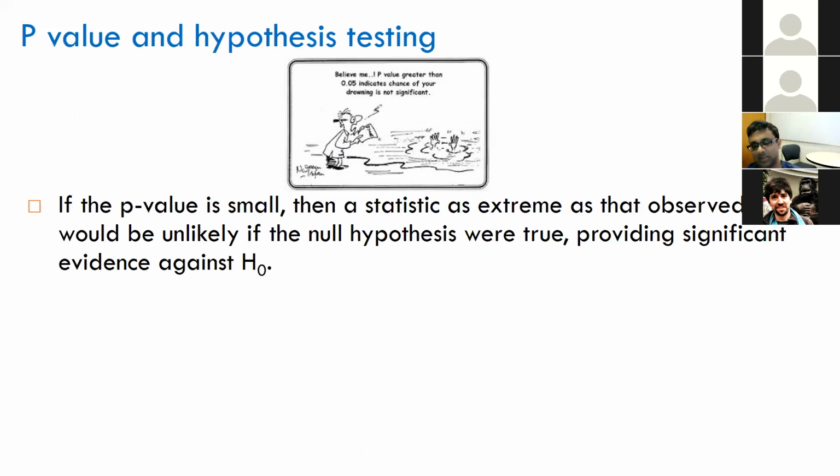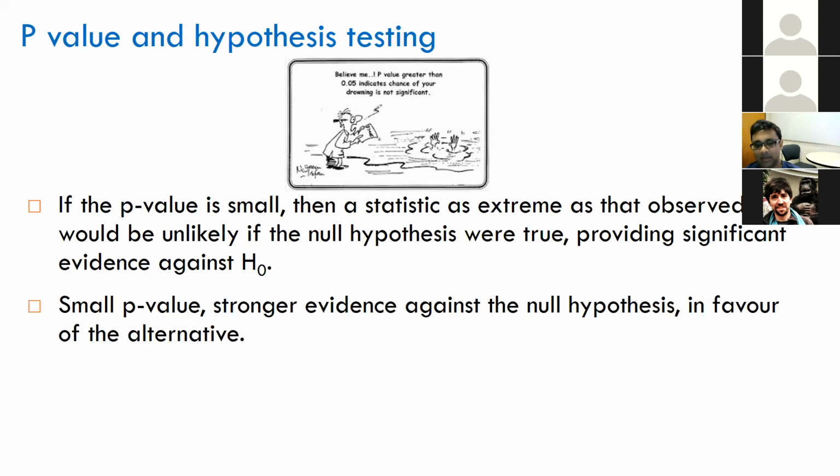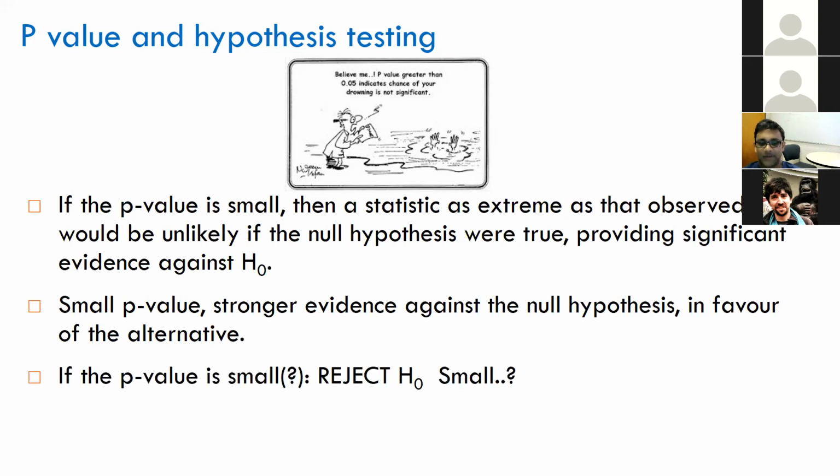So based on the cutoff value and the p-value, you can choose which way you need to go. Right? The smaller p-value, how small is it? It's 0.05, the standard one. If it's 95%, then you go in favor of the alternative. It depends on 0.05. So that's why it's pretty important.